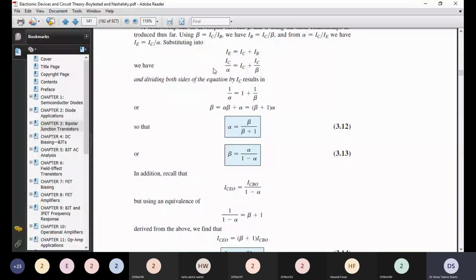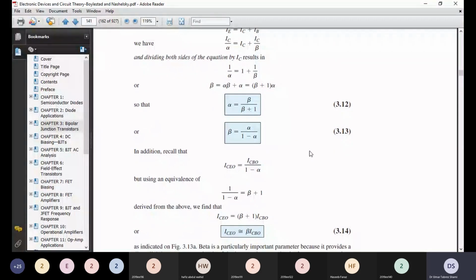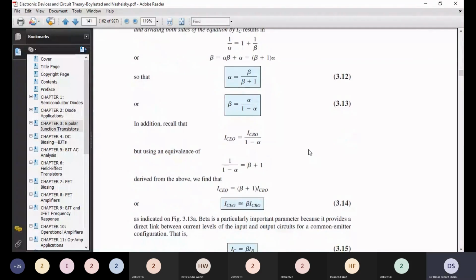And we can take the collector current common, and we are left with 1 over alpha is equal to 1 plus 1 over beta. By rearranging, we get equation 3.12 in terms of beta, that is, alpha is equal to beta over beta plus 1, or we can get equation 3.13 in terms of alpha, where beta is equal to alpha over 1 minus alpha. And we can establish that ICE0 is equal to beta times ICB0.